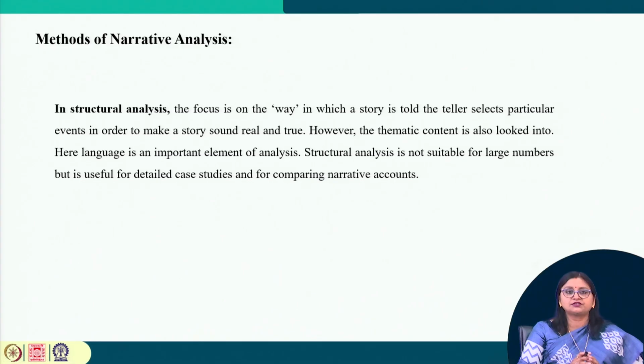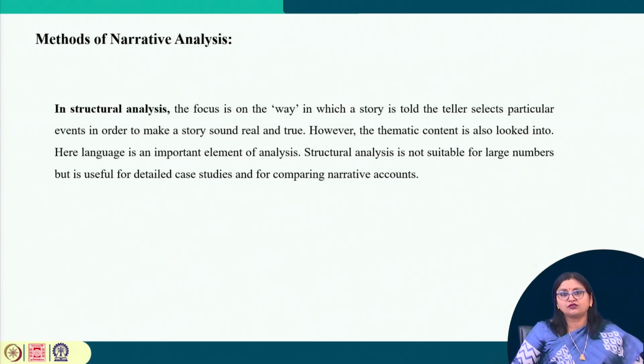Then the second one is structural analysis. The focus is on the way in which a story is told. The teller selects particular events in order to make a story sound real and true. However, the thematic content is also looked into. Here language is an important element of analysis. The way they have told their story, that is important.